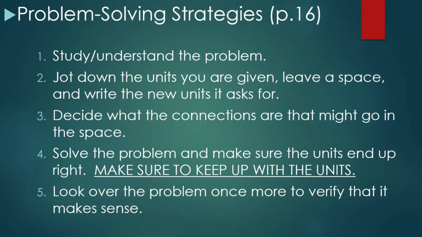When you finally, number five, after you've finished and you're satisfied, look over the problem one more time and make sure that you think your answer that you got makes sense and that it looks like you solved it right.